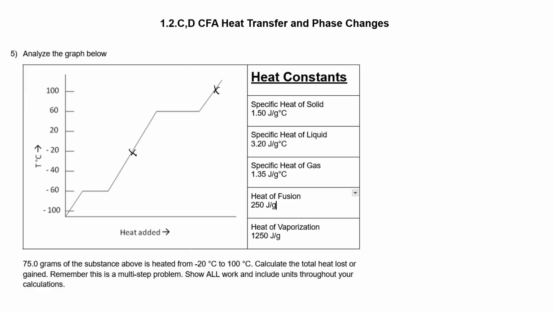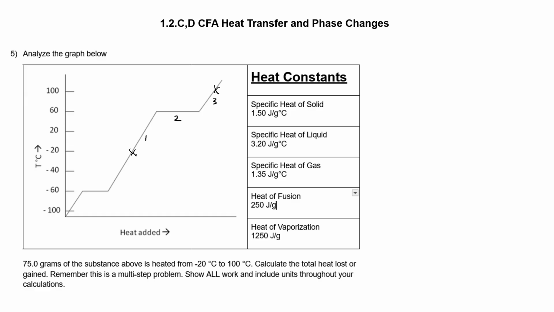As you can see, there are 3 segments for our heating curve that we need to analyze. The first segment is this diagonal line from our X up to the horizontal line. The second segment is this horizontal line, and the third segment is this additional diagonal line at the top here, where it's sloped positively.